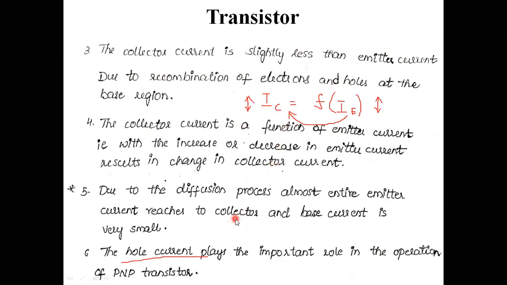Due to the diffusion and the drift process, the entire flow of charge carriers will take place from the emitter to the collector side. That collector current is very high, whereas the base current is a very small value. Here, the whole current plays a vital role while explaining the PNP type of operation.